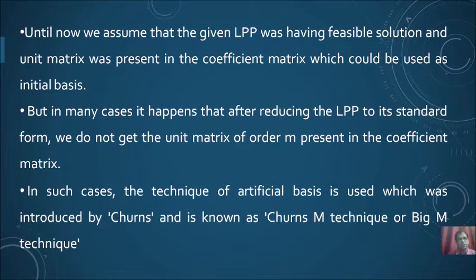In such cases, the artificial basis technique is used, which was introduced by Charnes and is also known as Charnes' M technique or the big M technique. It is called big M because M is considered to be a very high value.